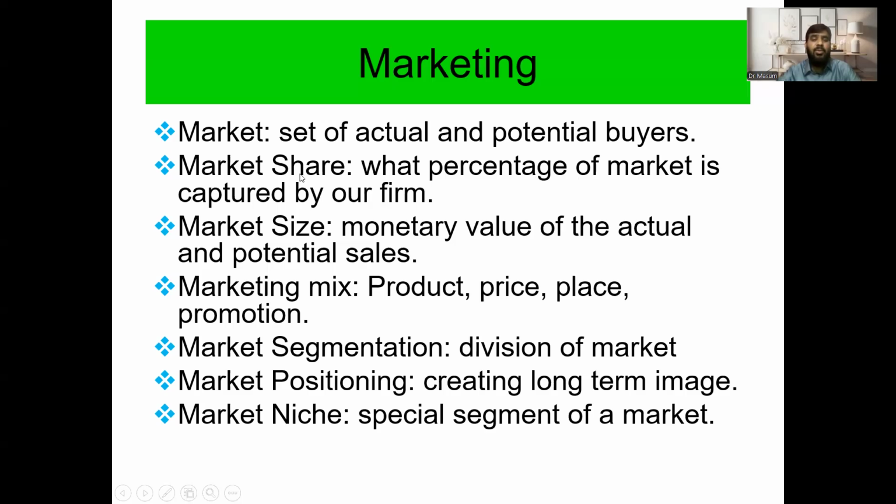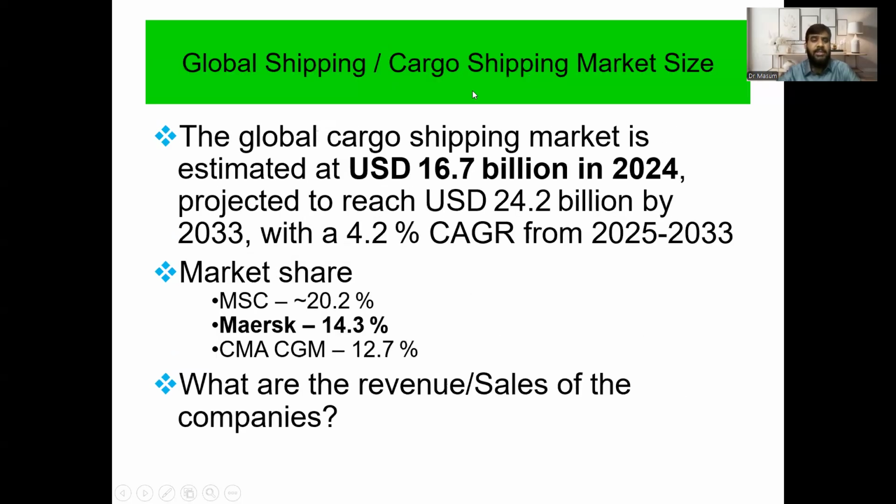So 1 billion is your share out of, say for example, here some statistics is given that the global cargo shipping market is estimated at 16.7 billion. So when the market size is 16.7 billion, it means that all cargo shipping companies are selling 16.7 billion equivalent services to the buyers.